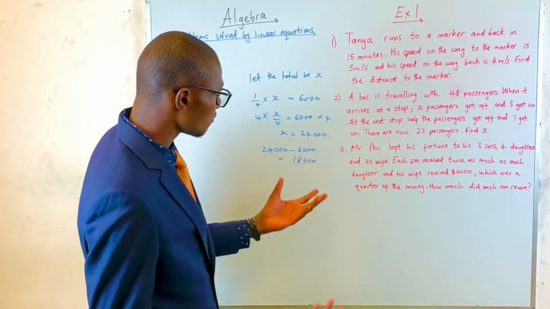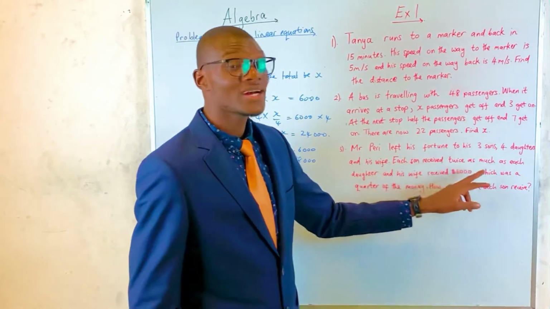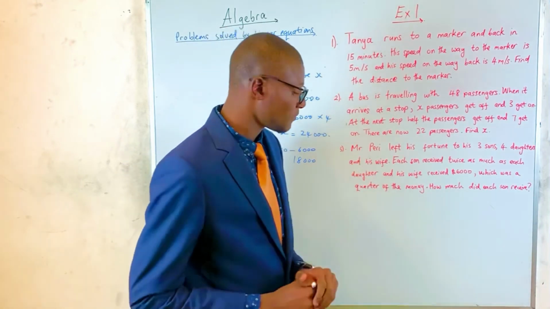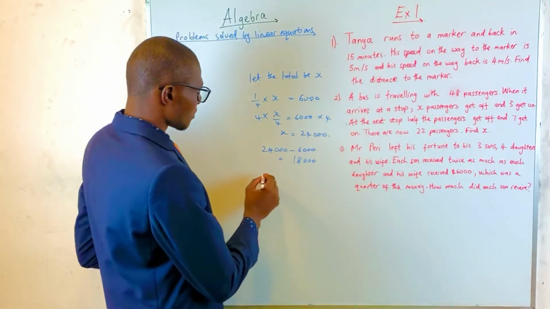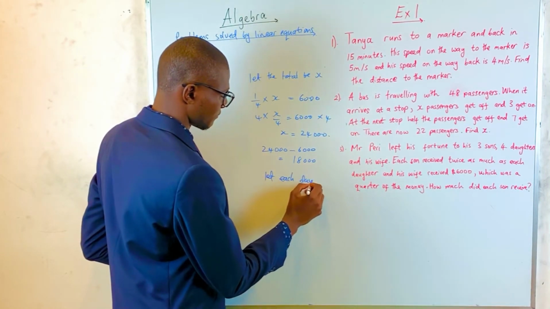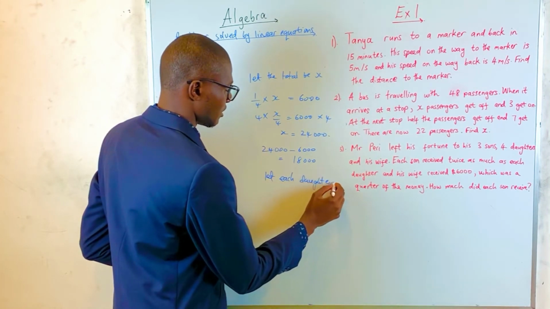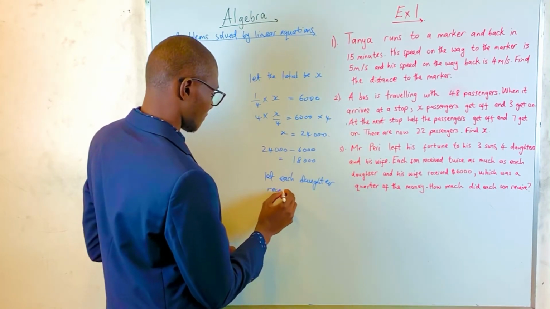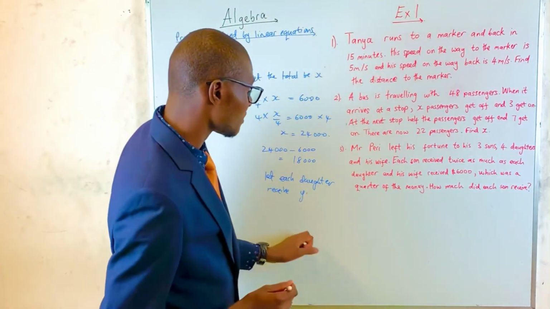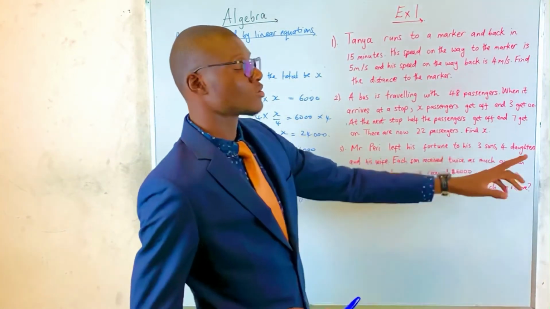So now we need to formulate an equation using this statement here, right? Each son received twice as much as each daughter, and we only need that statement. So now if we let each daughter receive y, it means that there are 4 daughters, right?